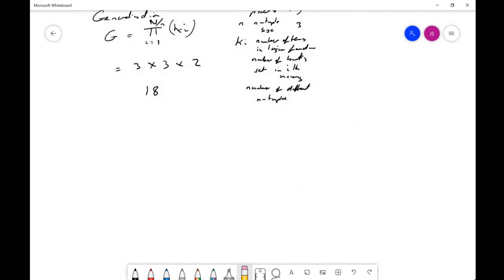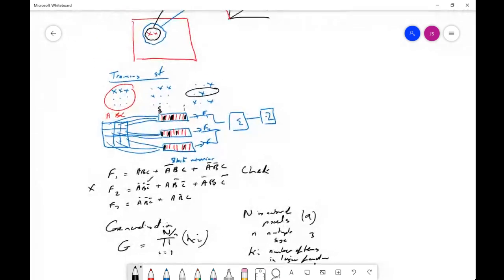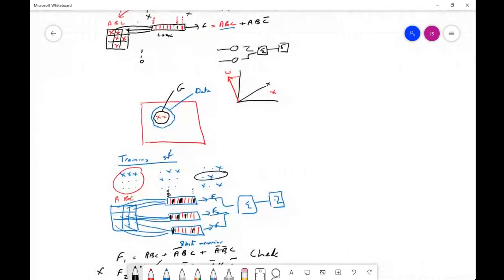So we have a universe of 512, which is 2 to the large n, 9. We have a training set, t equals 3. There's your 3 training patterns.